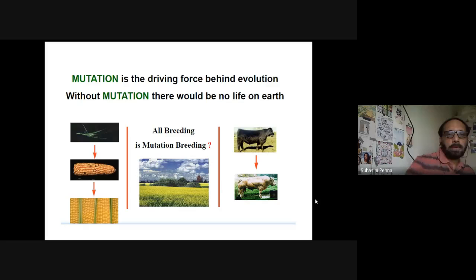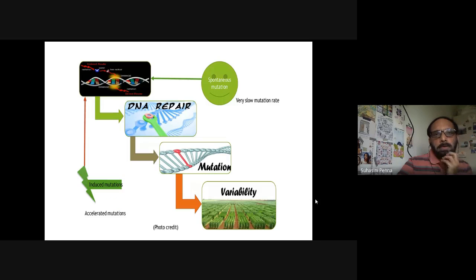So here you can see the earliest maize relatives, teosinte, and then the present day corn, and you can see even in animals the same kind of situation has taken place. Mutation is a genetic change. Basically, if the repair takes place properly, then there is no change. Recovery takes place in the organism.